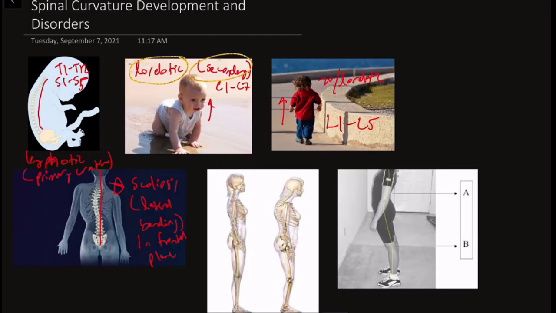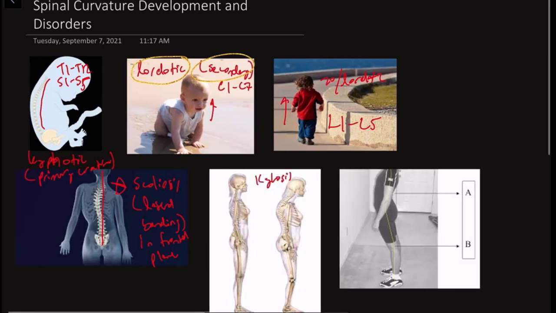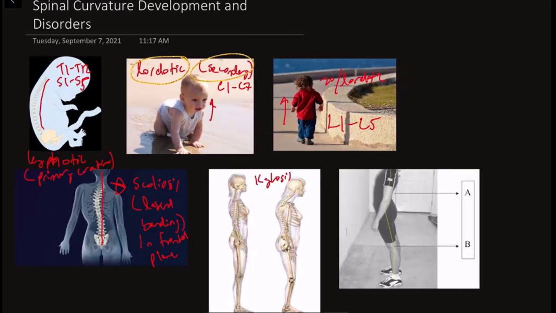The other type of disorder that can exist in the spine is something referred to as kyphosis. You can see it happen in elderly people or people who begin to hunch back over into that fetal position. They kind of regain or begin to emphasize all of that primary curvature, which is termed kyphosis. So you're exaggerating the kyphotic curvature in that spine. The stuff that you originally had as a fetus, you're getting that back in an even more dramatic way.